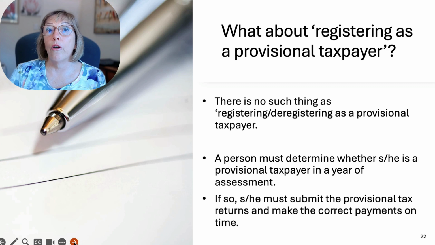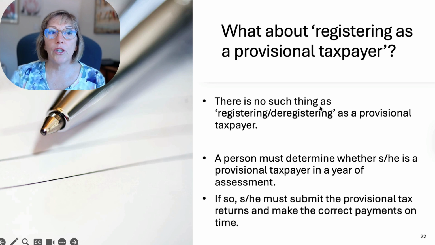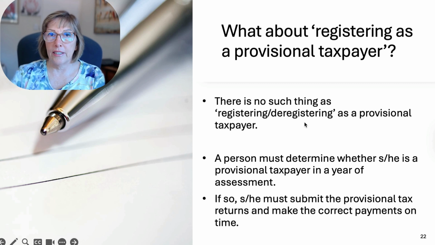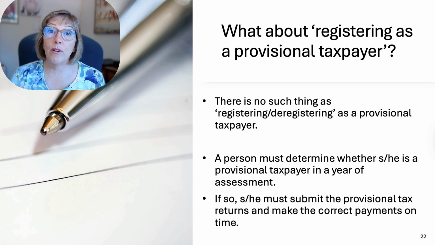What happens if you are a provisional taxpayer? Well, you don't actually register. There used to be a requirement to register as a provisional taxpayer, but that fell away actually back in 2016. So there's no longer a requirement to register as a provisional taxpayer. The onus is actually on the taxpayer to establish for themselves whether they're a provisional taxpayer or not.